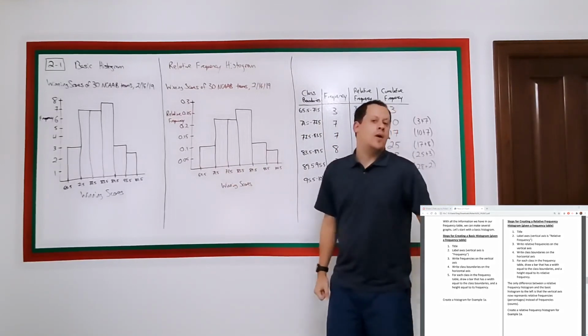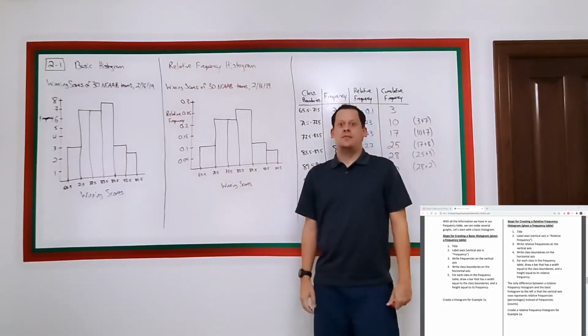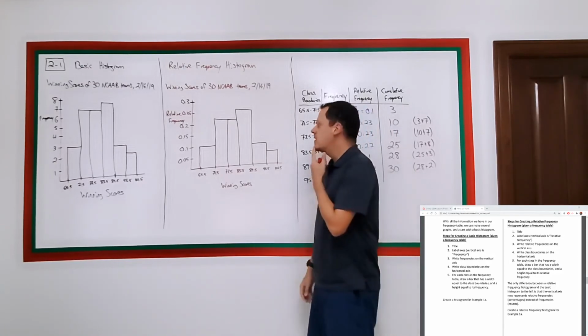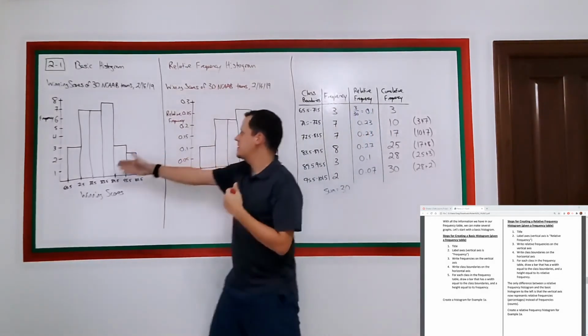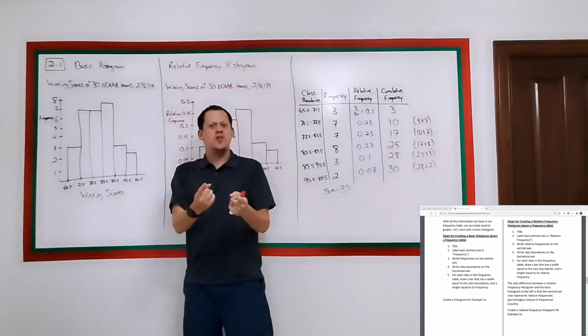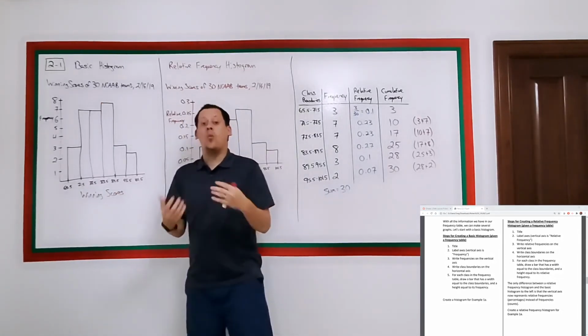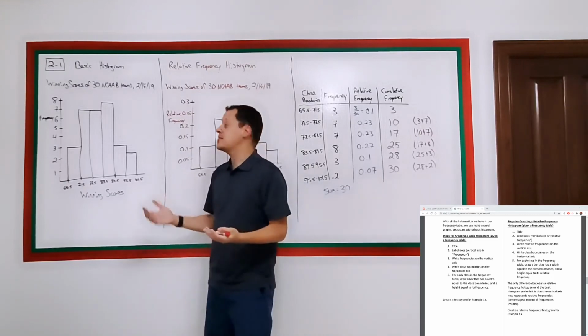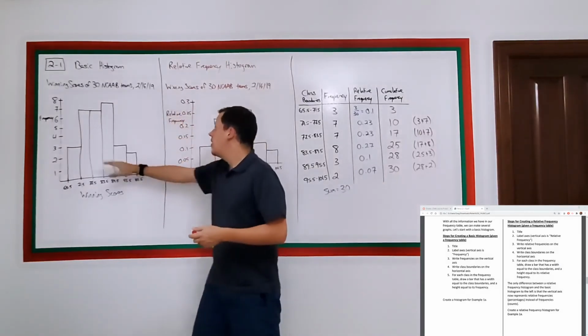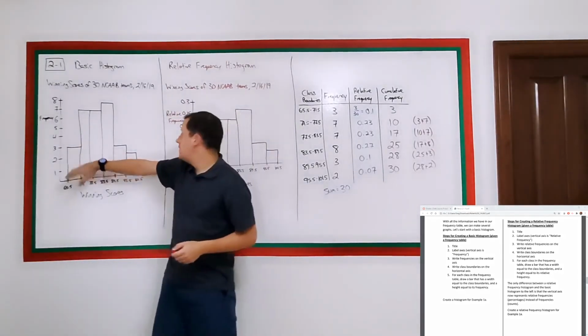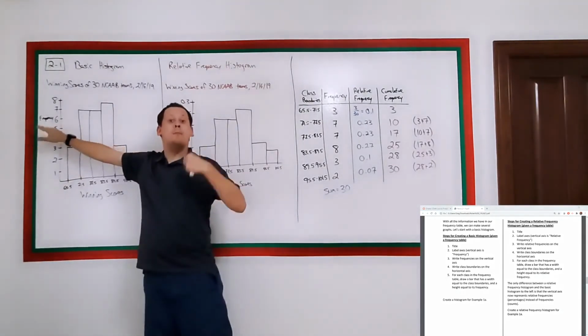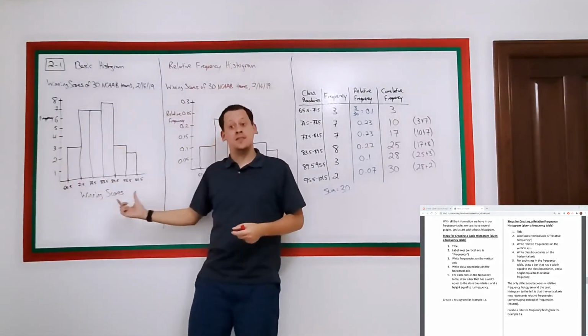It all depends on what you want to highlight about the data, right? It's all about what's on the vertical axis. If what you're interested in is how many teams won and scored a certain amount of points on this date, you're going to want this histogram because what's being graphed here is the frequency. How many teams are in each of these classes?